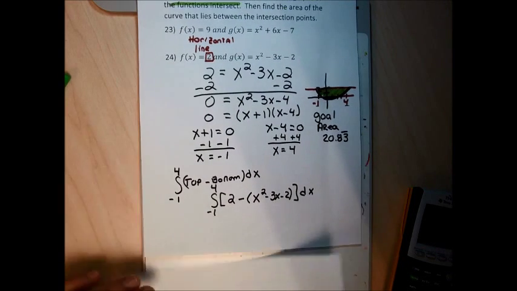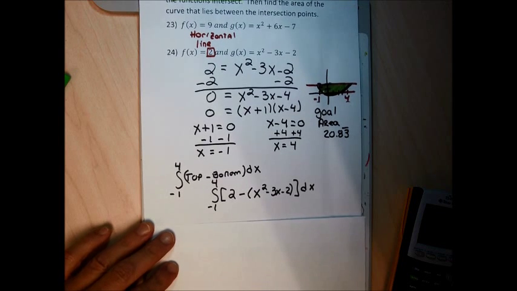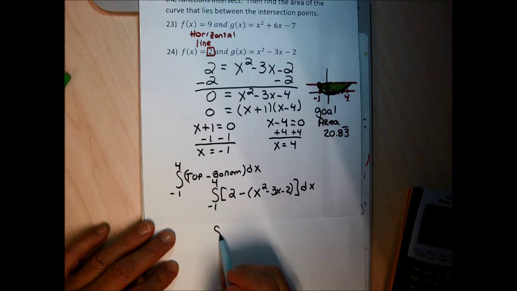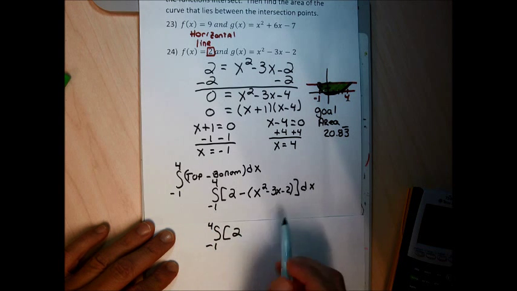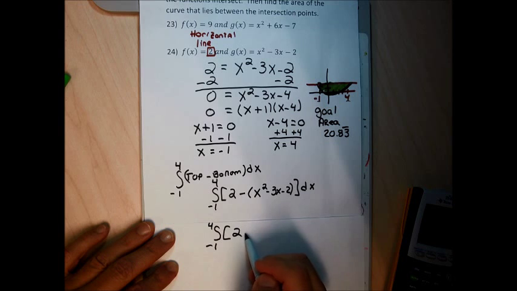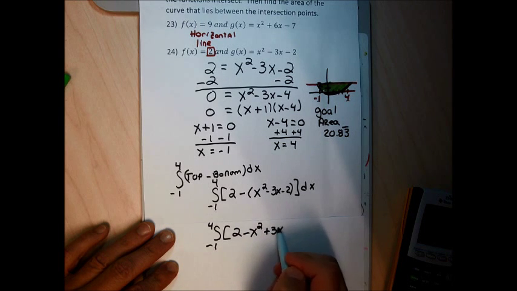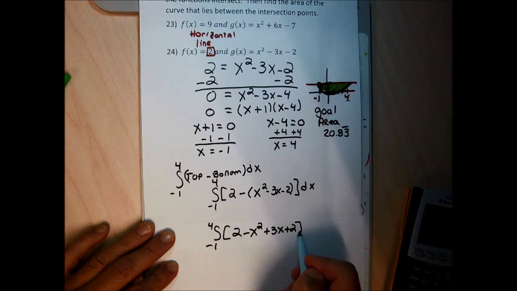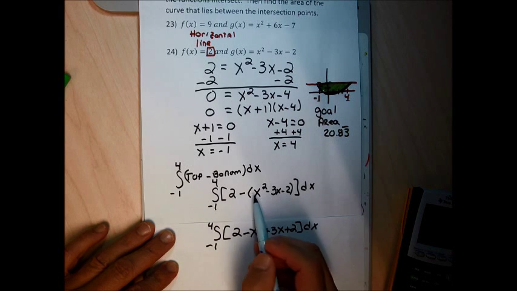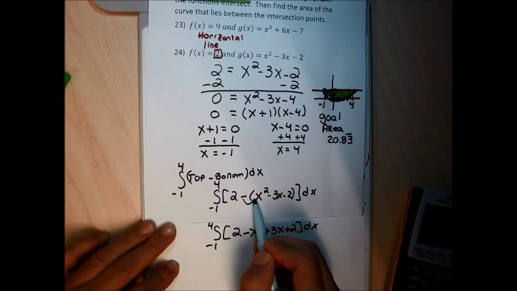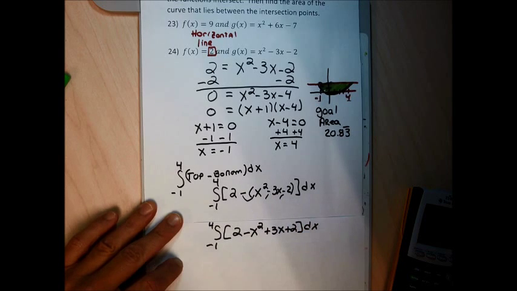And I'll do that by first clearing the parentheses. I have the integral from -1 to 4 of 2, and when I clear this parentheses, I get minus x squared plus 3x plus 2 dx, because the minus sign attaches to that, flips that, and flips that.